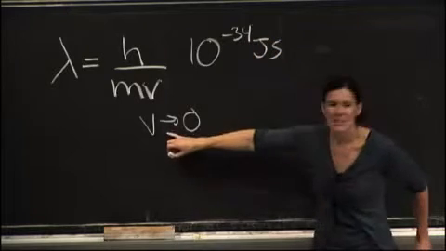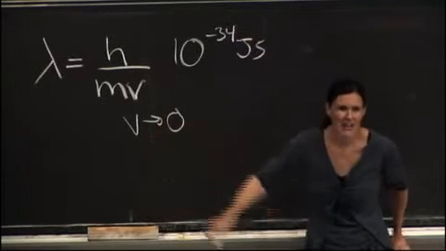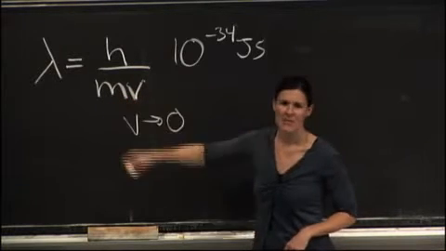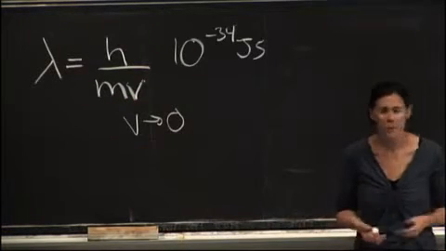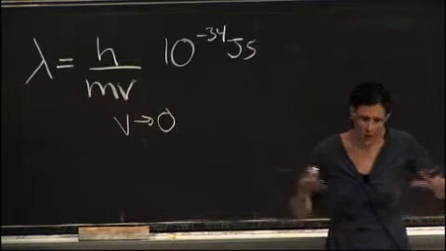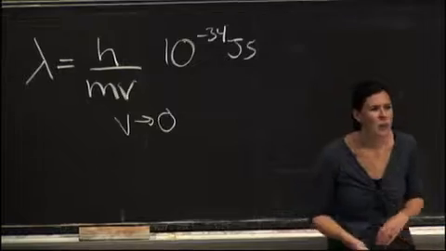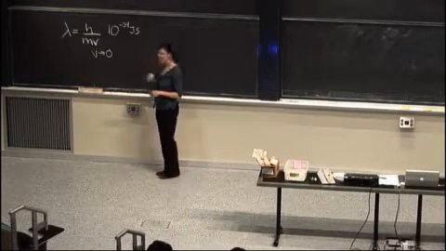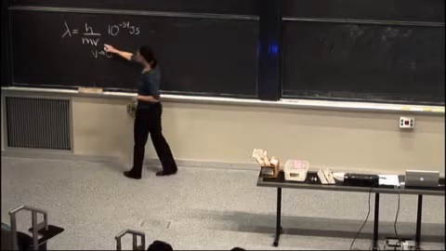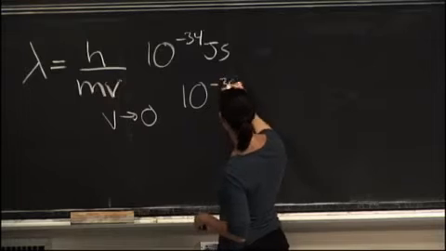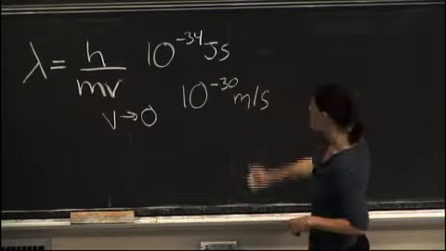So we would need a really, really tiny velocity to overcome the size of the mass, if we're talking about macroscopic particles, to have a wavelength on the order of the size of, let's say, a baseball. If we think about the numbers, we would need a velocity of about 10 to the negative 30 meters per second.